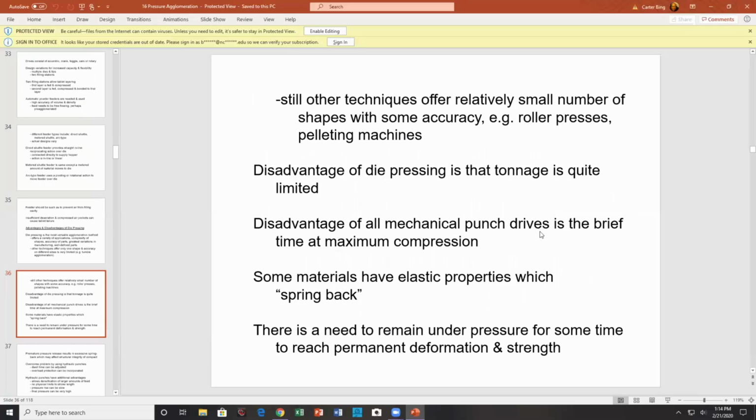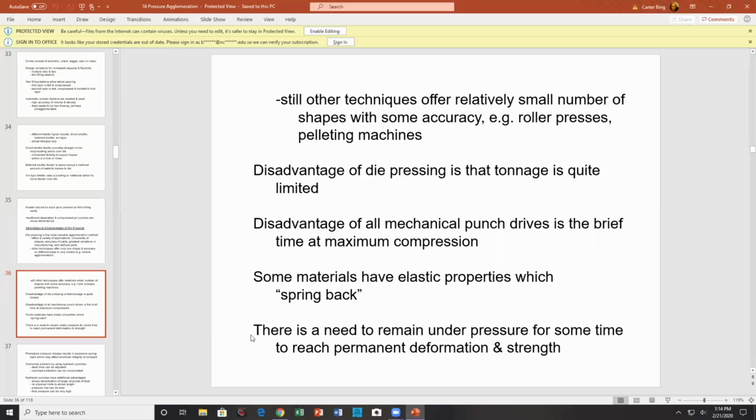Disadvantage of all mechanical drives is the brief time of maximum compression. Basically, it'd be interesting to see if you could hold that maximum compression for a bit. Right. Some materials have elastic properties which cause spring back.